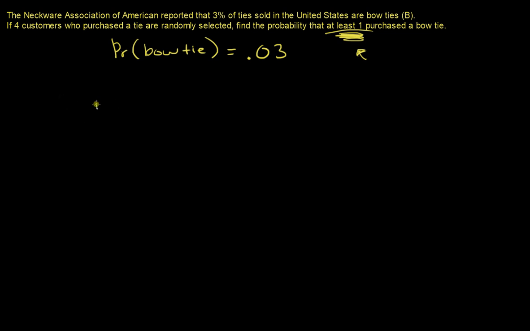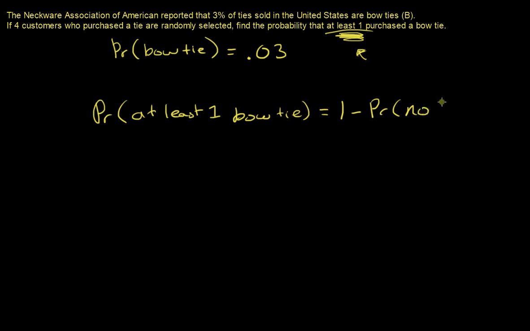Okay, so let me go ahead and write that down. So the probability that at least one bow tie, this is going to be equal to 1 minus the probability of no bow tie.